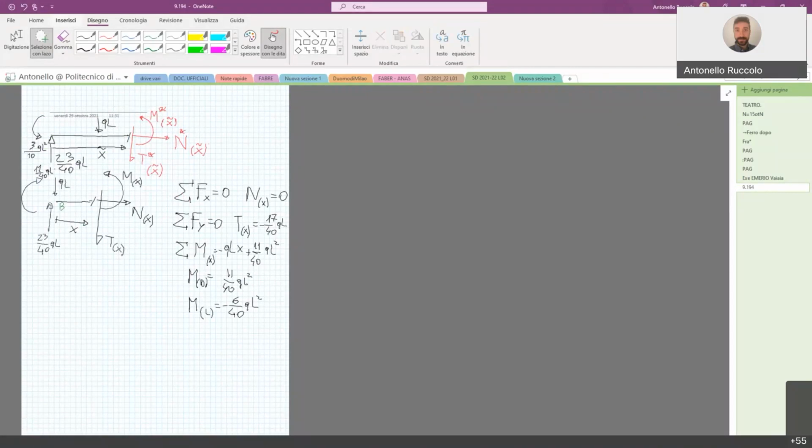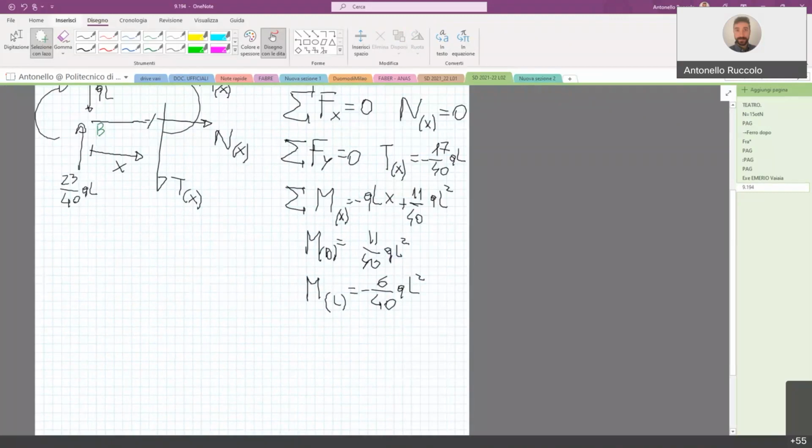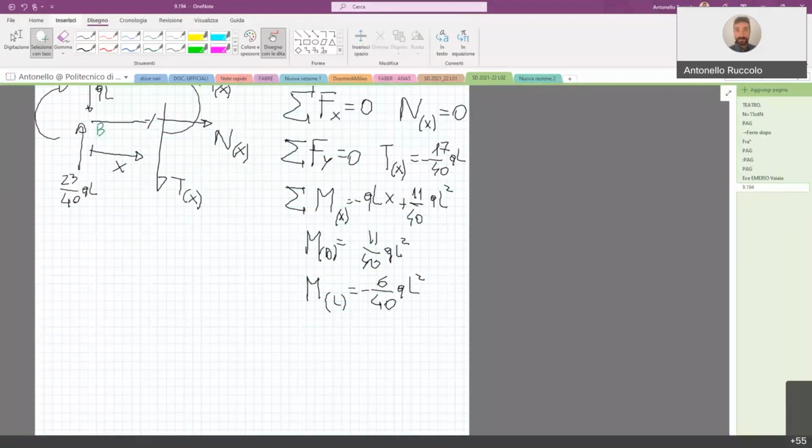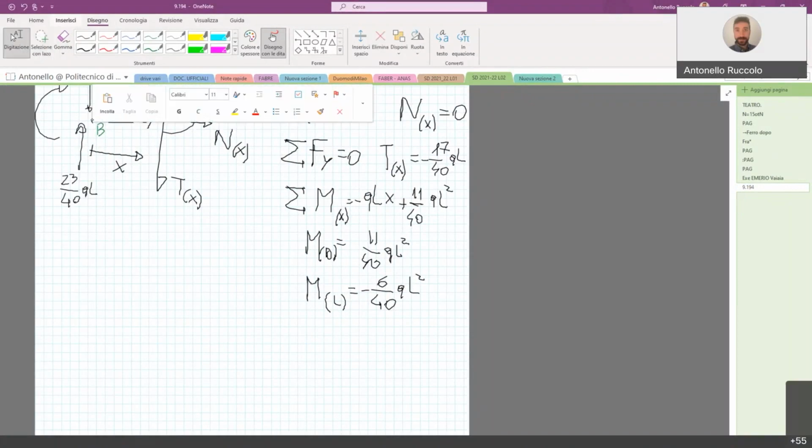Nothing is that different. But keep in mind that generally it's easier to compute the internal forces at the beginning or at the end of each part of the structure. And when you start again, you don't consider all the reactions, but only the internal forces that are applied in the node where you're starting from. In this case, node B, and no more node A.